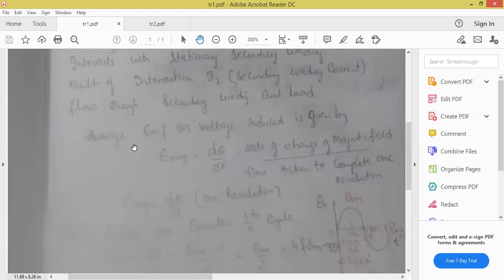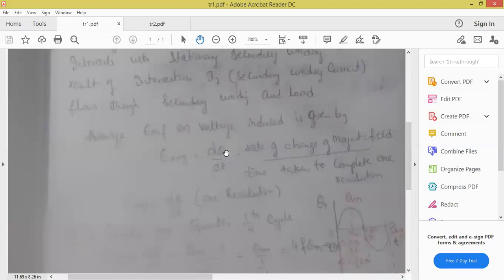The average EMF developed across the secondary winding is given by E average equals, the formula is d phi by dt. What is d phi? Rate of change of magnetic energy. Why am I writing magnetic field here?